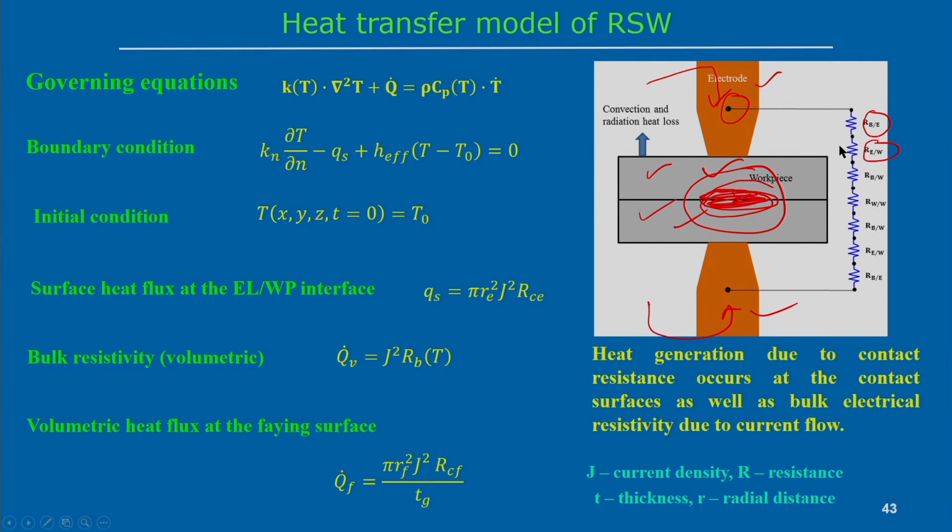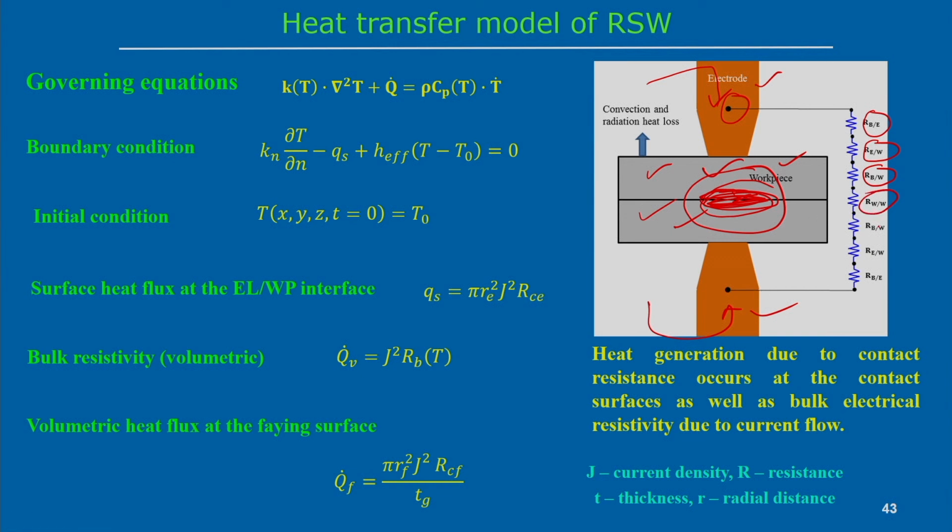That is the second one, the contact resistance. Since the workpiece has some finite volume, there will again be some bulk resistivity, which is normally defined over the volume. So, this is the bulk resistivity of the workpiece. Since there is also a contact between the two workpieces, some contact resistance will act there too, which is called the contact resistance.